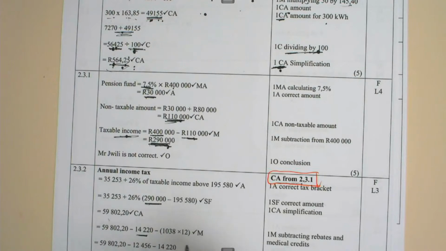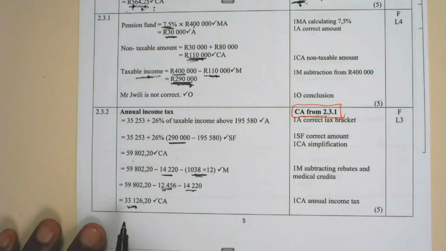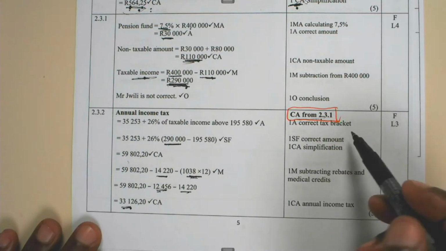And then from there, you check the medical credits, the medical aid. And then you subtract those two, and then the answer will be 33,126 and 20 cents.